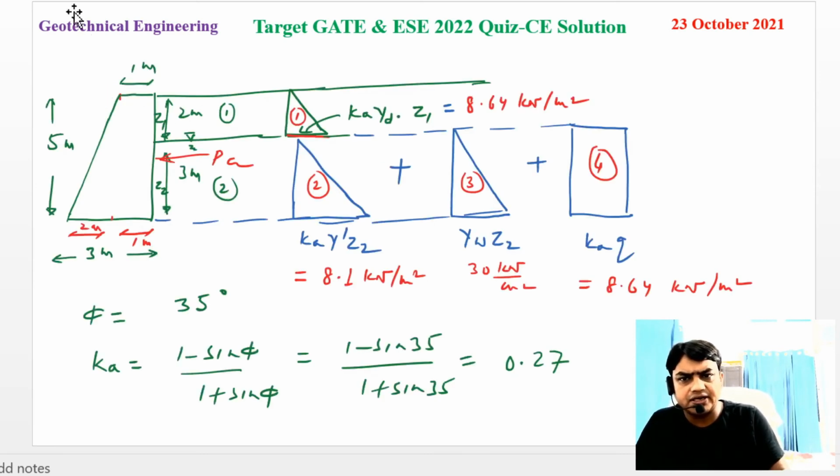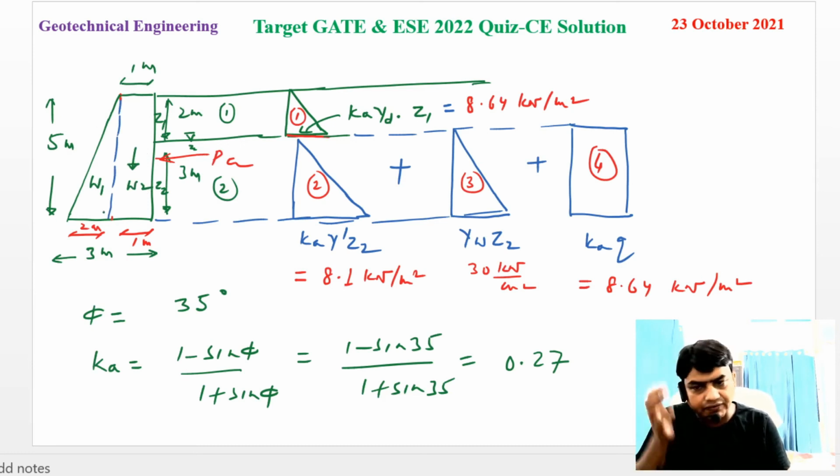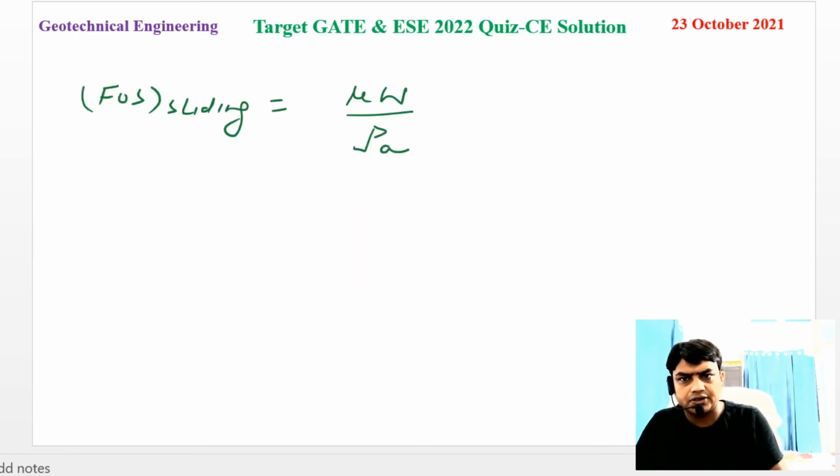Here we can see that the destabilizing force is the total active thrust, and the resisting force will be the weight of the gravity retaining wall. Let us say this is W1 and this is W2. W1 can be computed as the area of this triangle into the unit weight of concrete, and similarly W2 can also be computed.